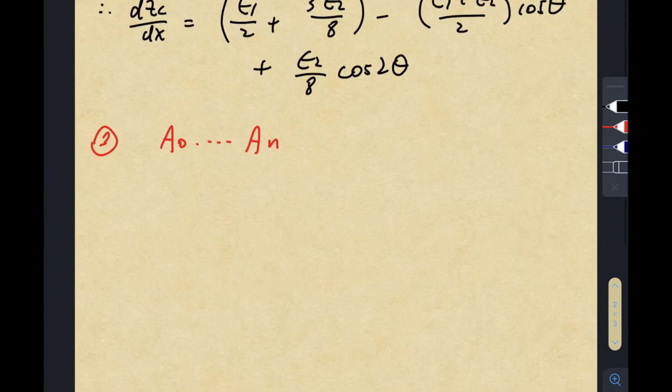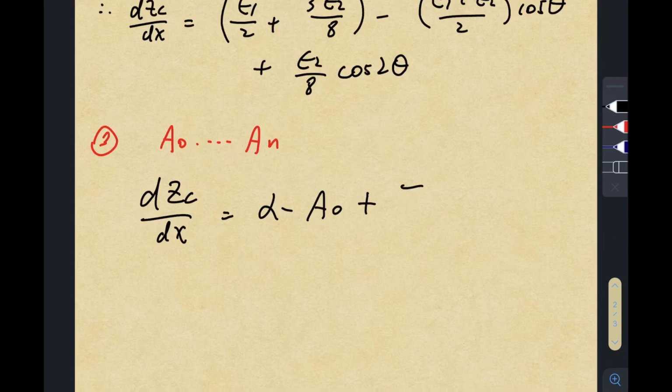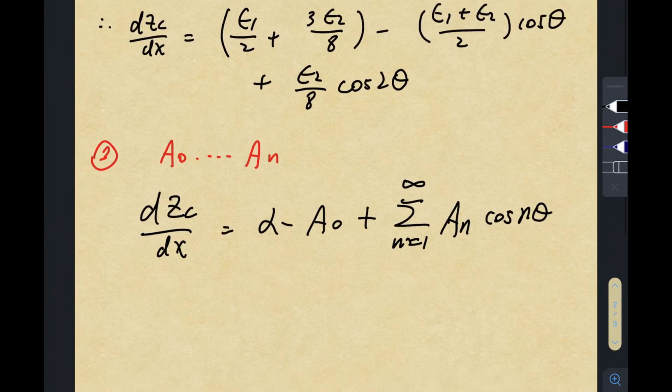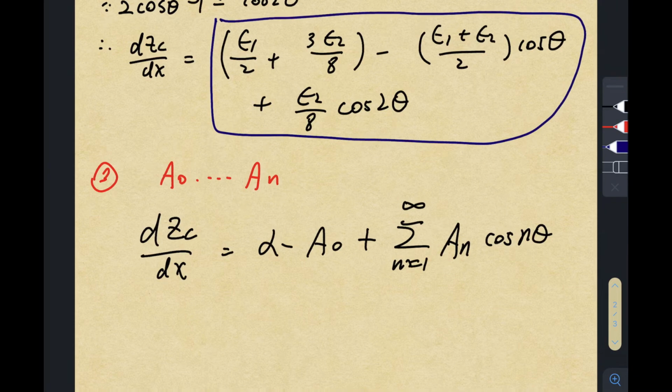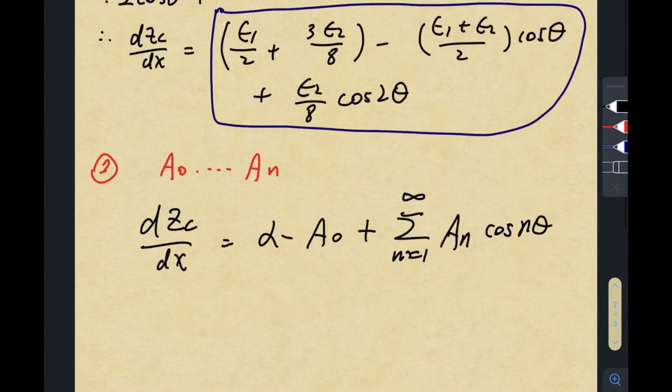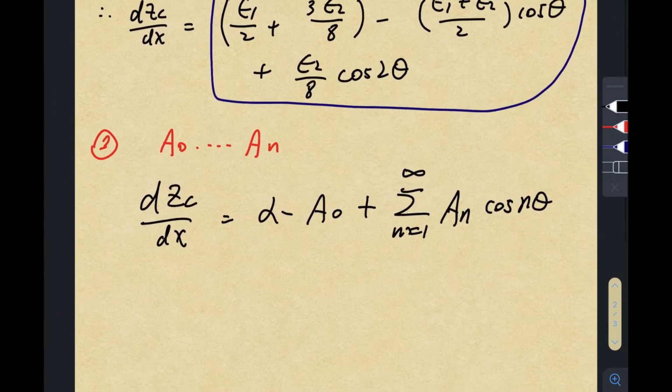For this problem, it's actually pretty simple. Remember that we have this equation: the slope equals alpha minus A0 plus a trigonometric series of cosine n theta. Now we want to find A0 and An. But if you look at this problem, I can just figure out A0 and An by eye.